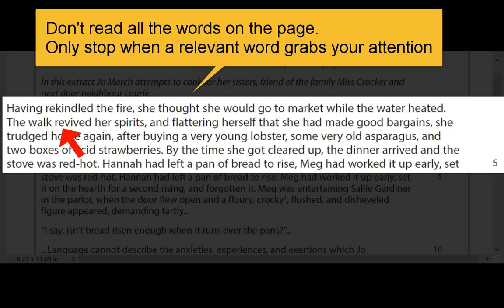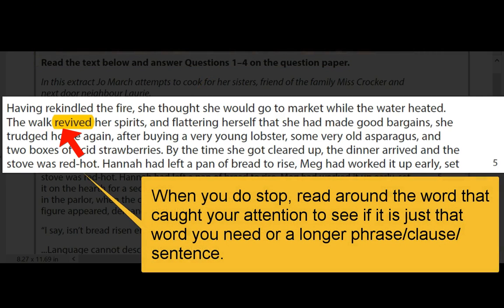Okay, so this idea of reviving is interesting because it suggests that somebody is in a downcast mood. They need to be revived, they need their spirits picking up. So if we look around, it actually says the walk revived her spirits. So we could in fact use the whole thing, the walk revived her spirits there, the whole clause there.